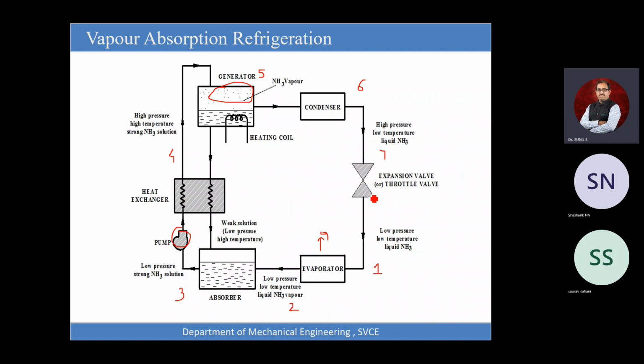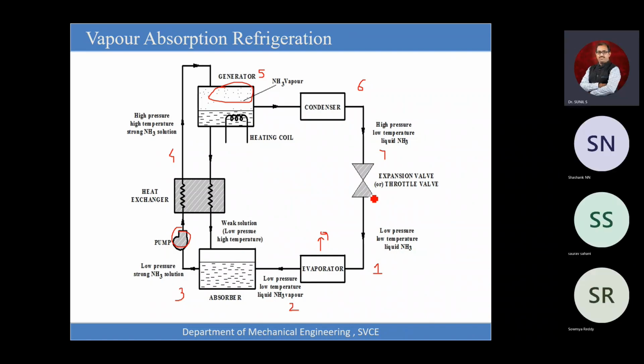See, once again, I'll repeat. From the generator, we have a high pressure, high temperature ammonia vapor.